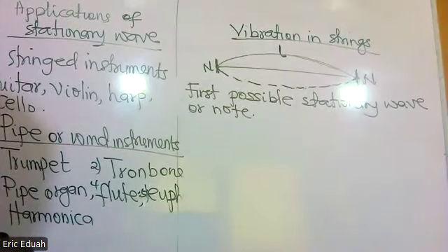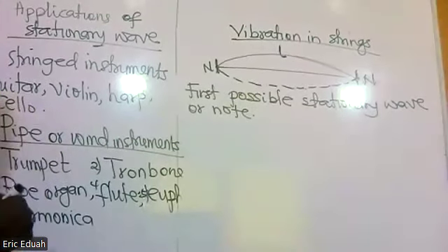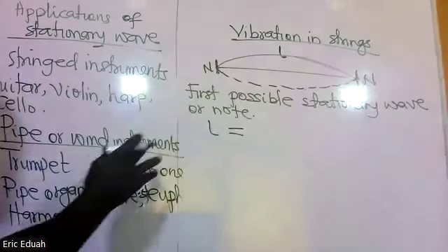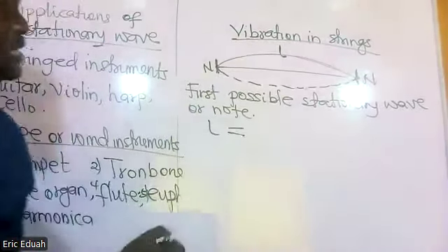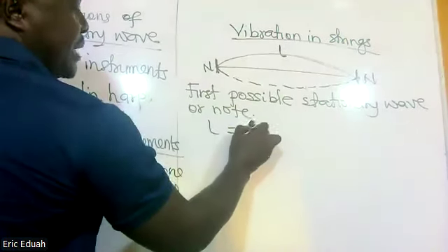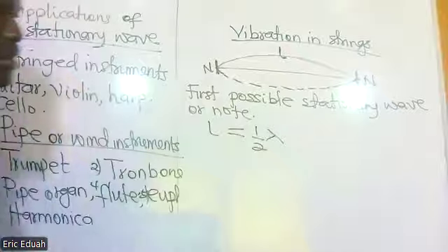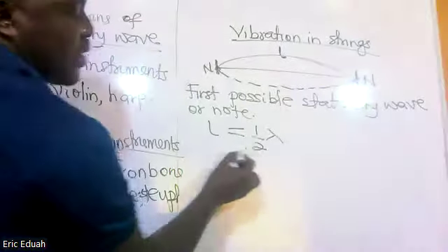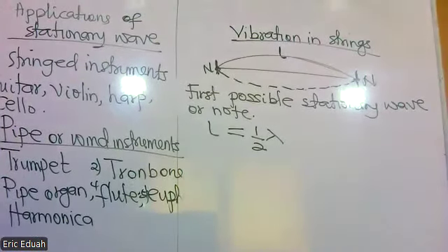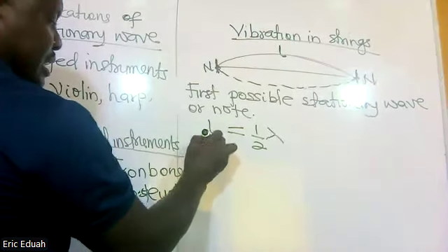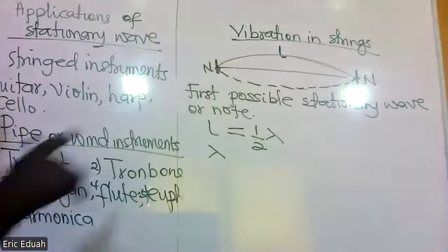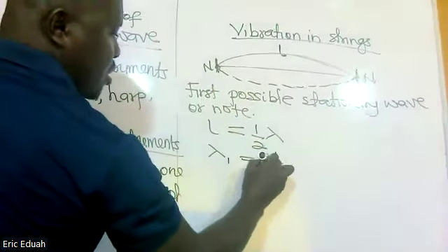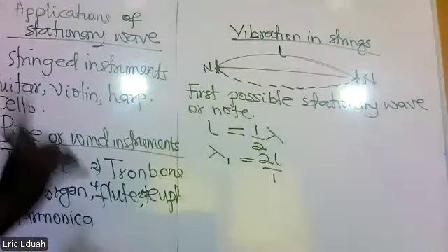How I can determine the wavelength is that this length, L, the length of the string, is equal to half lambda, from node to node. So the wavelength is equal to half lambda, implying that the wavelength which will form this will be equal to 2L.